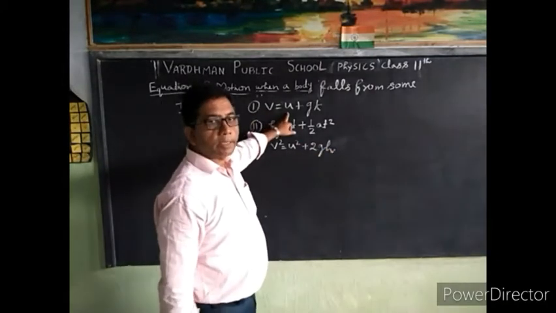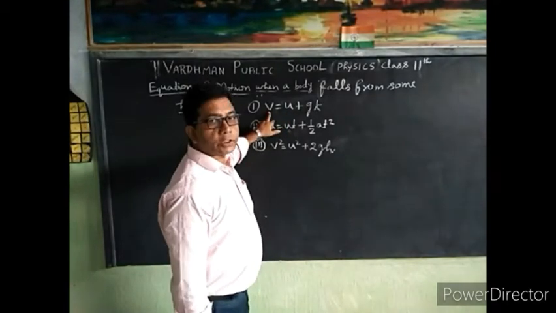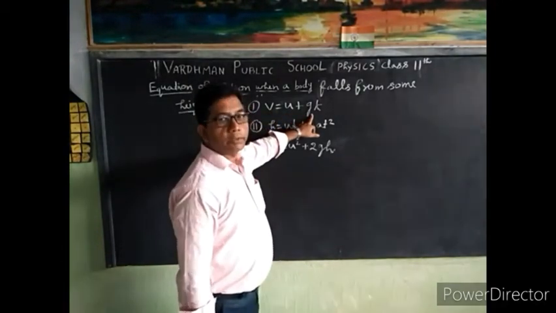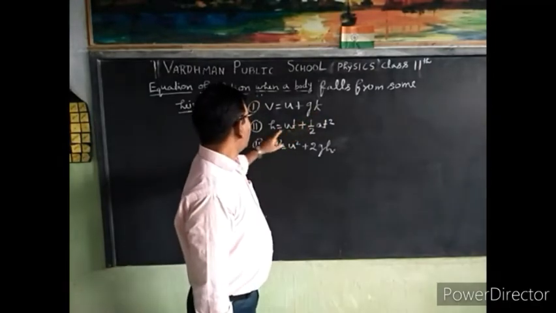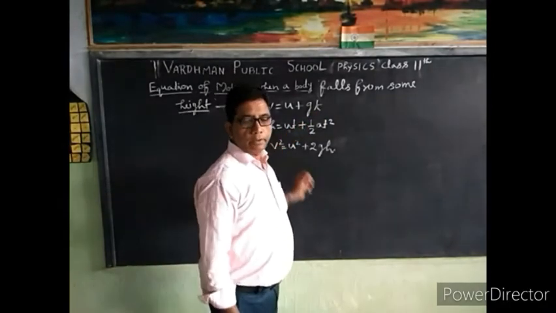Here u is the initial velocity, v is the final velocity, g is the acceleration due to gravity, t is the time, and h is the height.